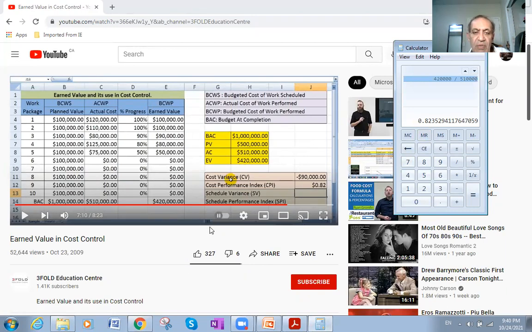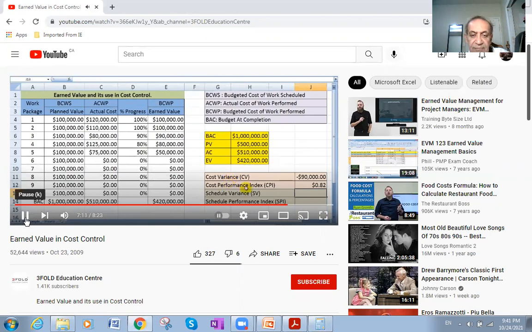So we divide the EV, what is really worth, by the AC, what you really spent. So EV divided by AC will give me 82%.